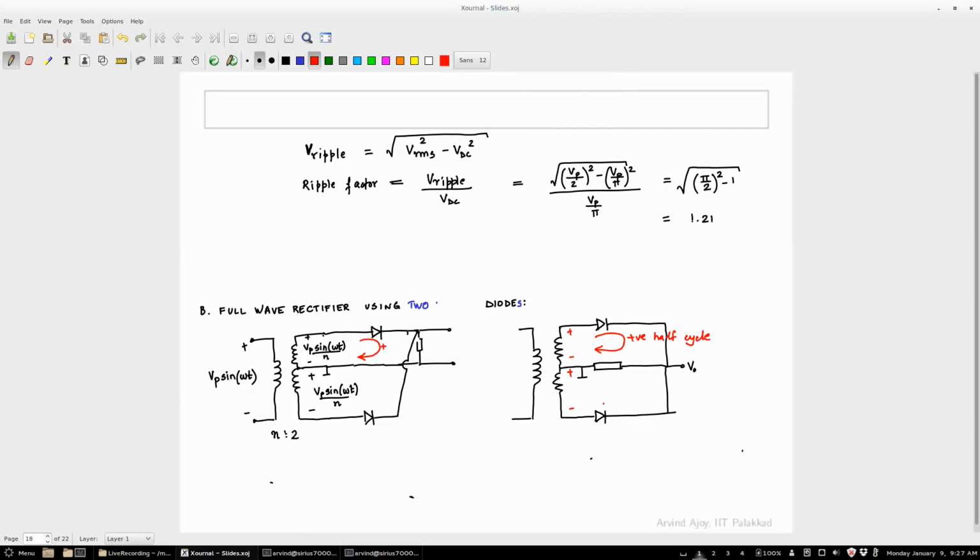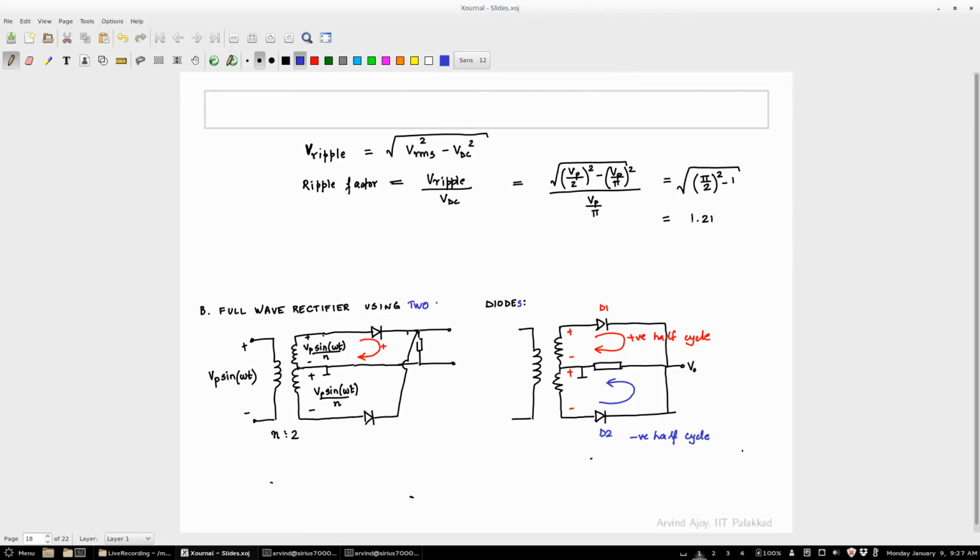Now is it clear? So in the positive half cycle, this is plus and again that is plus minus, right? So in the positive half cycle, current will flow that way.